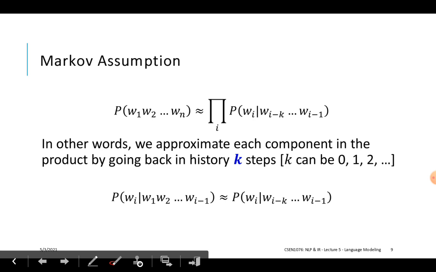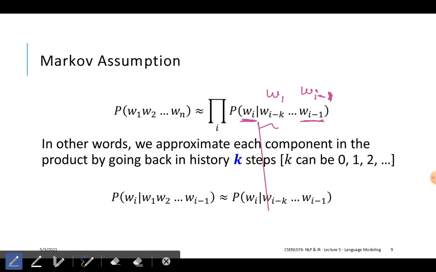So the Markov assumption will boil down to this: instead of having to compute the probability of a word given all of the words preceding that word, you just use a window of length k.